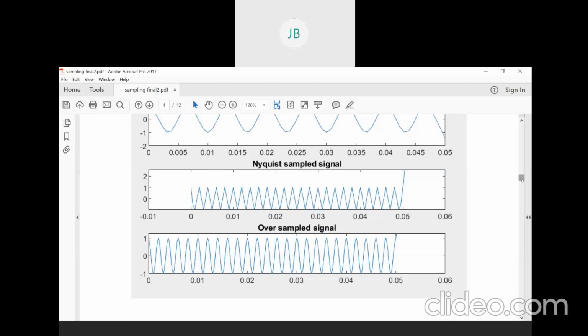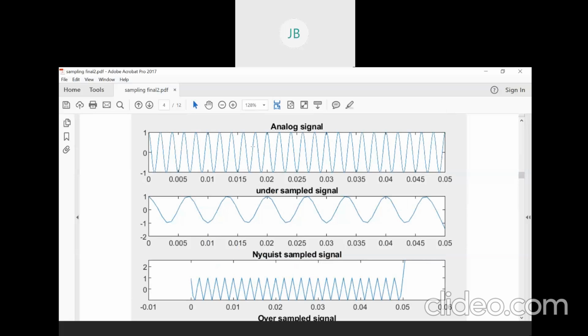And then Nyquist sampling here. You are reconstructing the Nyquist sampled signal. Is it almost similar to the input signal? The input signal we have already mentioned here; this is the analog input signal. When you reconstruct, all these reconstructed signals should look almost like this. But in the undersampled case, it is not near the analog signal, right?